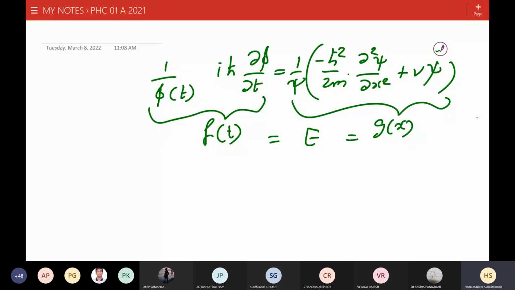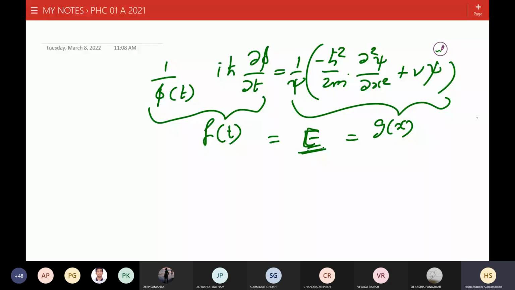If it is a function of x, then if you change x, the right hand side is going to change. If the constant is a function of t, then if you change t, the left hand side is going to change, whereas the right hand side is going to be a constant. So they cannot be equated at all times and space. At all x and all t, they must be the same, which means you can equate it to a constant E.